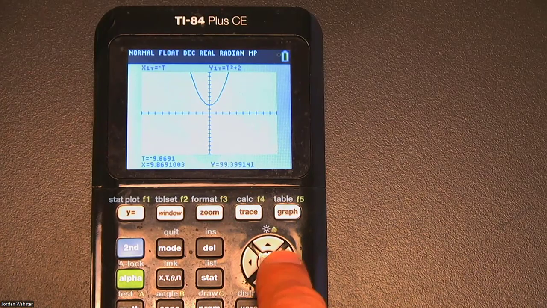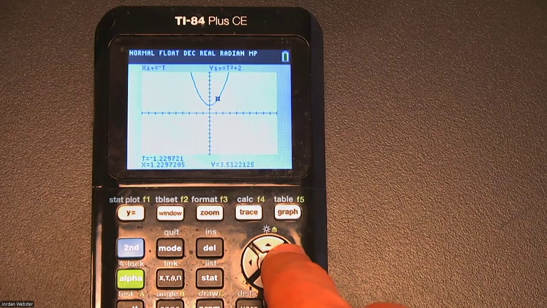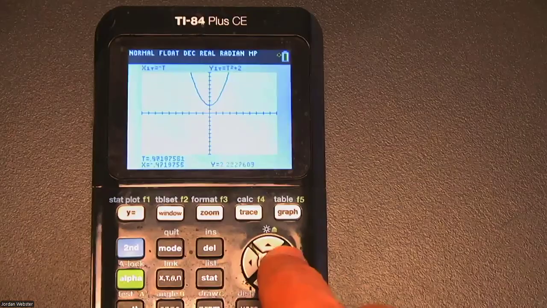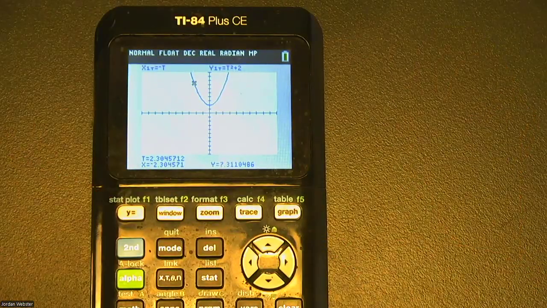And then if I hit trace, you'll see what happens to my x values. As I'm increasing, notice that movement, my point is moving from right to left.